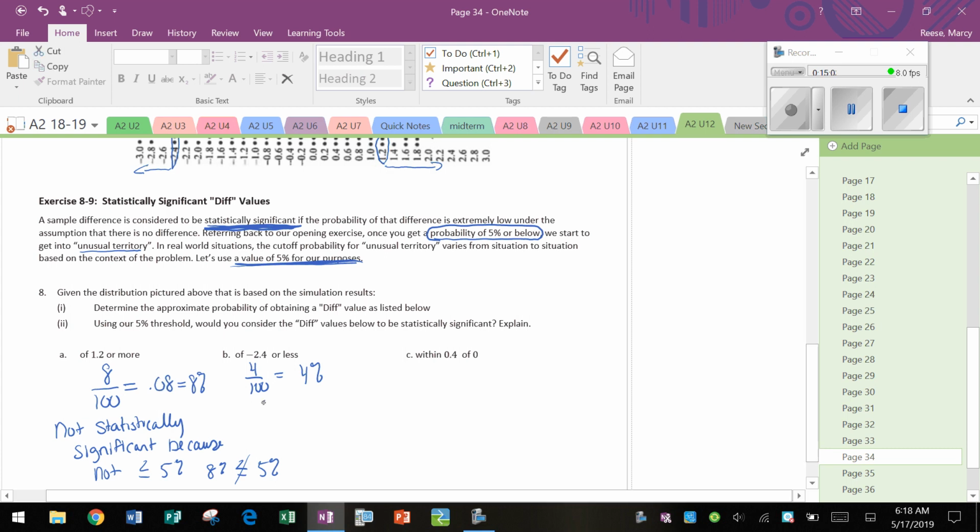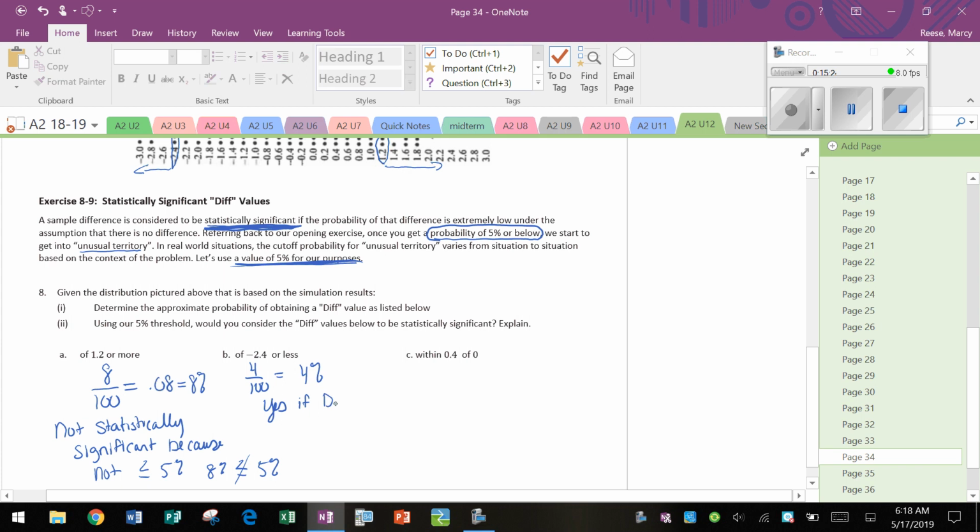So I would say yes, if I have a negative 2.4 difference between my two groups, that is statistically significant.